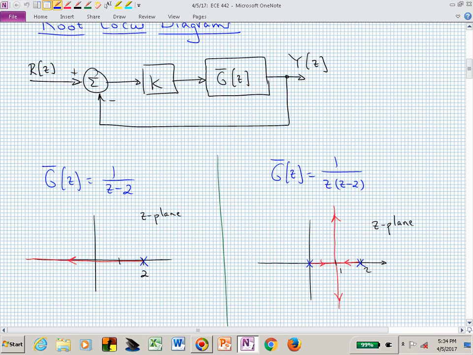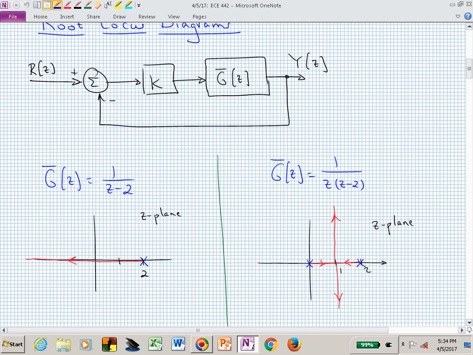Do both of them? Do any of them? Or just one? And you can now stand on one side of that pole and ask, what's the angle from that pole to this location? And if that angle is 180 degrees, then you know where you're standing belongs to the root locus.